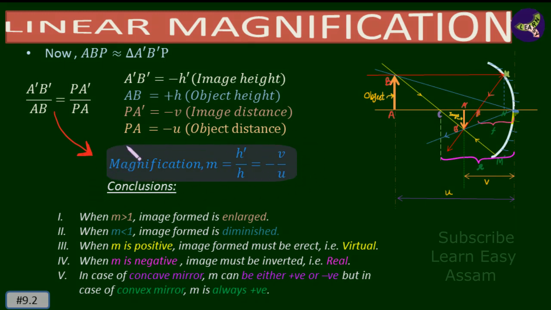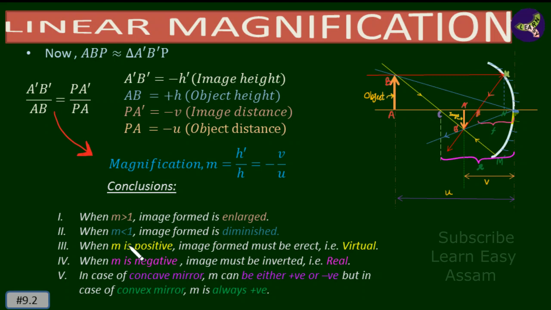So what we have concluded from this formula: first, when m is greater than 1, the image formed is enlarged. So this image will be enlarged as compared to the object if magnification is greater than 1, and if the magnification is less than 1, then the image will be diminished. That means the size of the image will be smaller as compared to the size of the object.